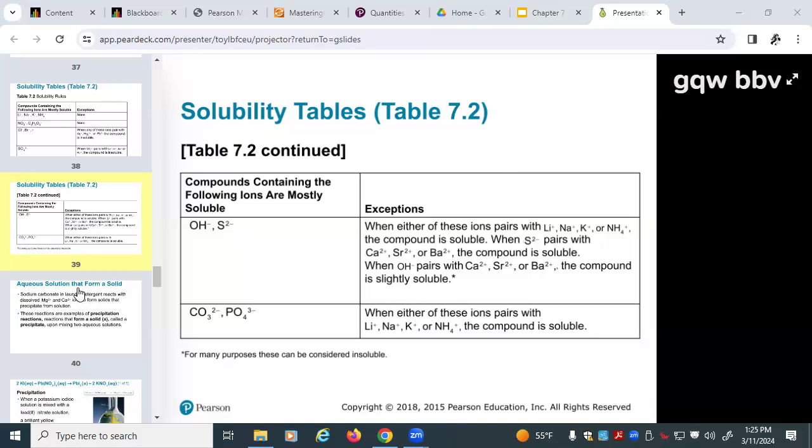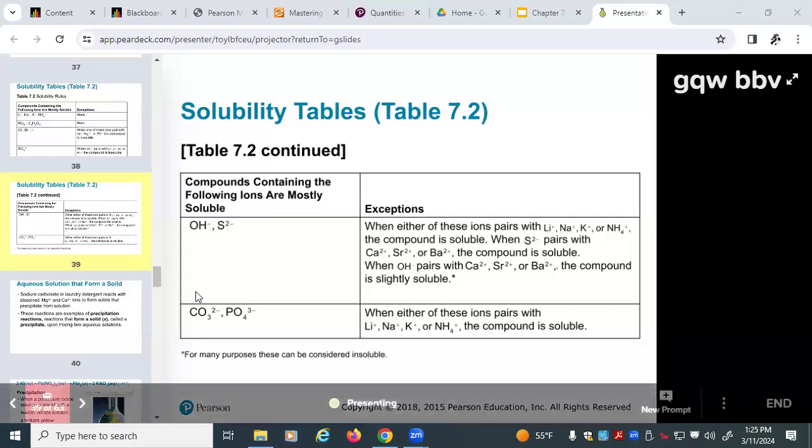However, if they are with any of the group 1s or with these group 2s, they would be able to dissolve. Copper is not a group 1, it's not a group 2, so it's not an exception, it must be the rule. The rule is insoluble.